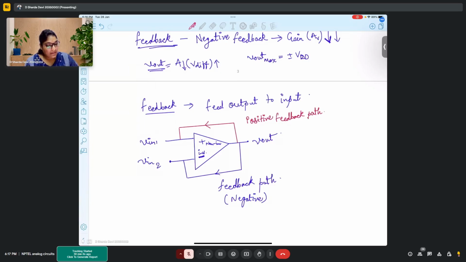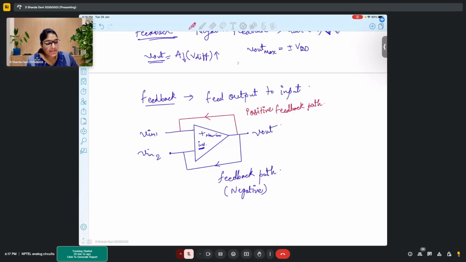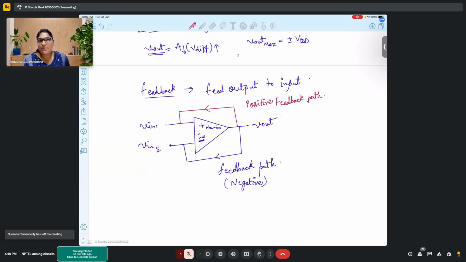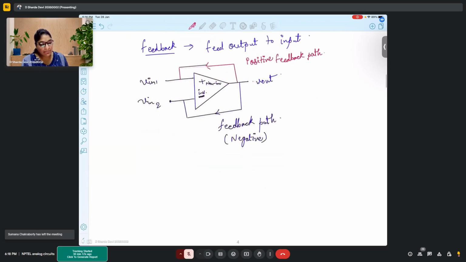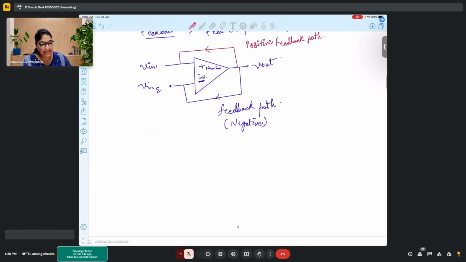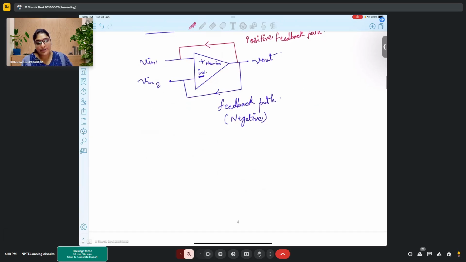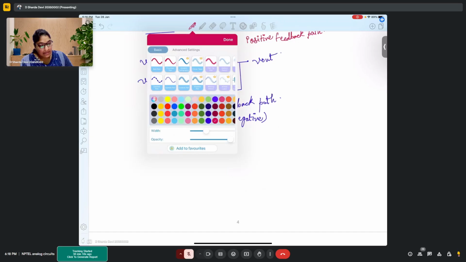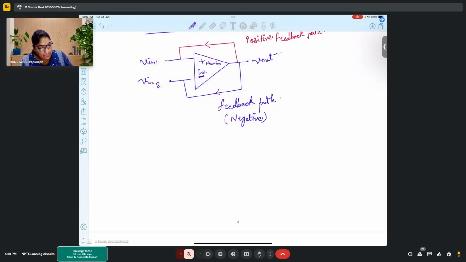Okay. So we have understood that for amplification, we need to reduce the gain in order to increase our input span, right? So the feedback that we would be using is negative feedback. Be mindful that positive and negative can be interchanged.